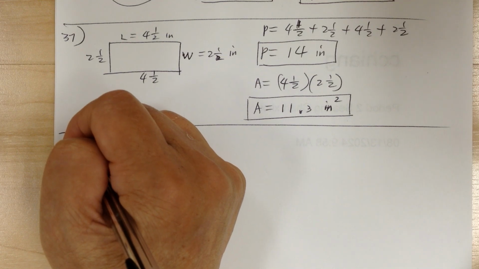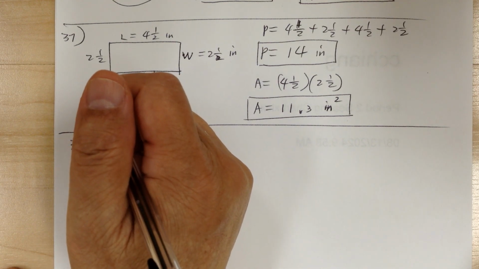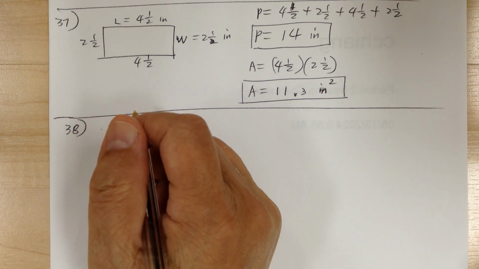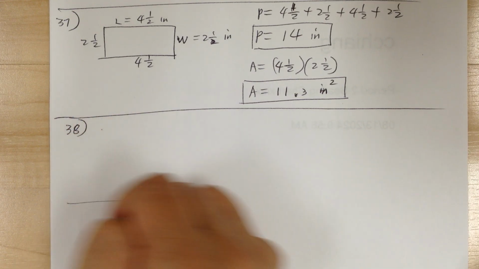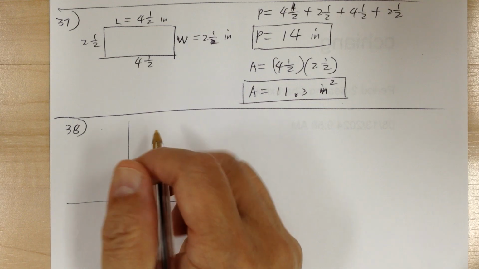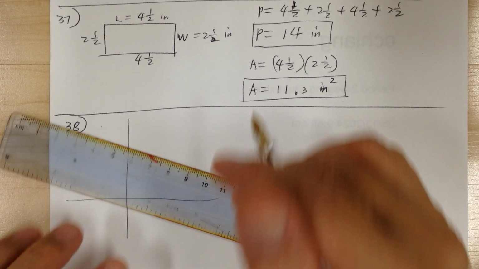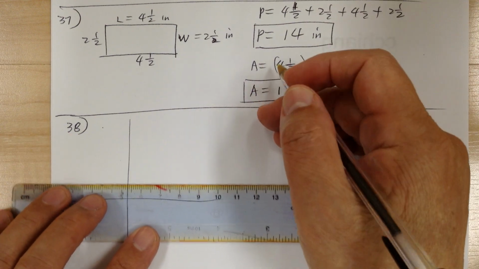Okay, 38. A triangle. So this one we kind of have to sketch out. I'm going to sketch it out to have a better idea.